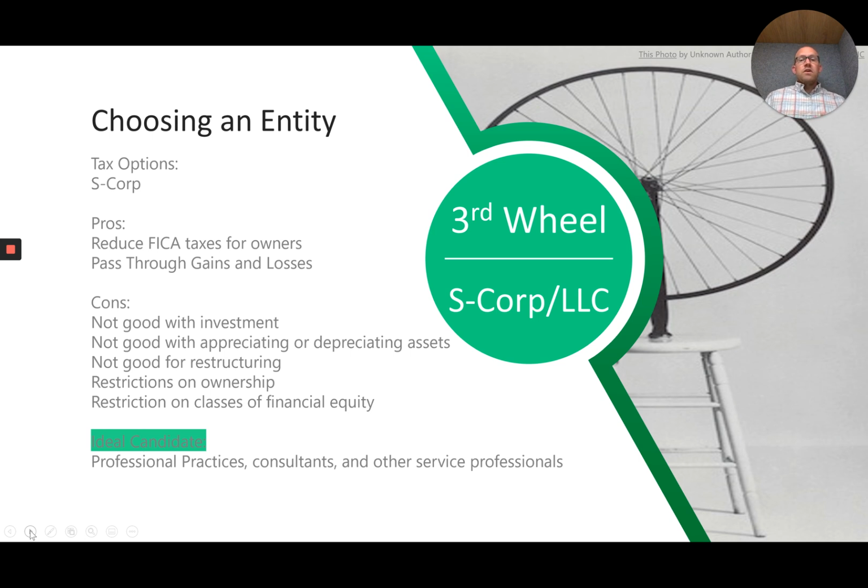But in general, using the S corp is an exception to the other two entity types, and it needs to be something that you carefully talk through and plan with both your CPA and your counsel.